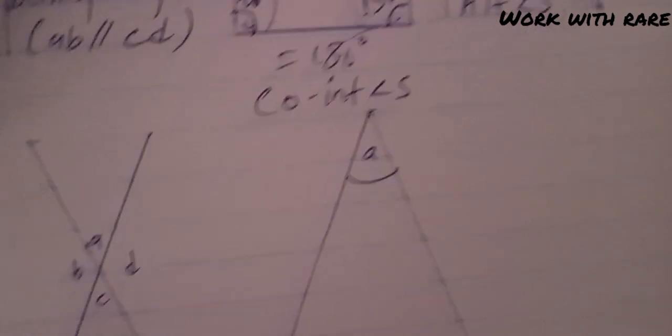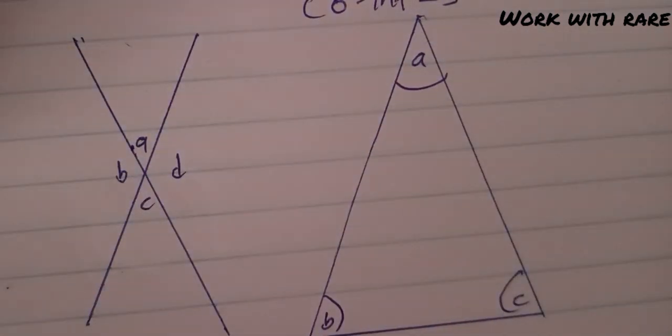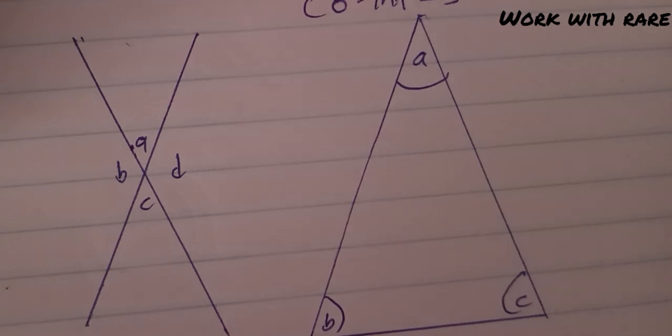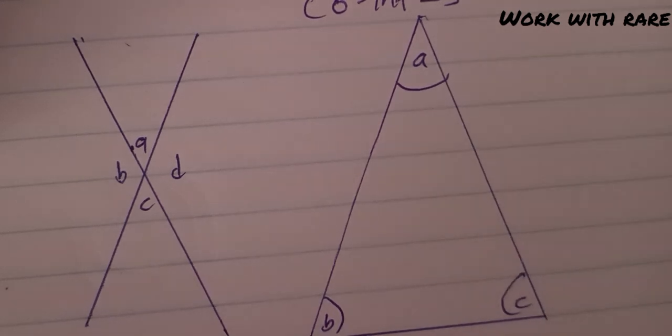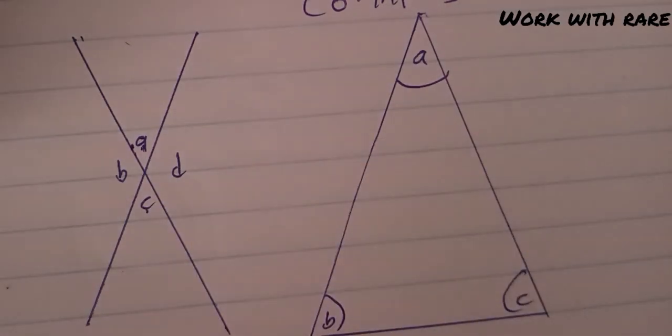Okay, so let's continue. Sometimes you'll get this one. This one, remember, is like V shapes. For the reasoning for this one, we'll call it vertically opposite angles. You see, they form a V and we call them vertically opposite angles. What do I mean? This angle and this angle will be equal.